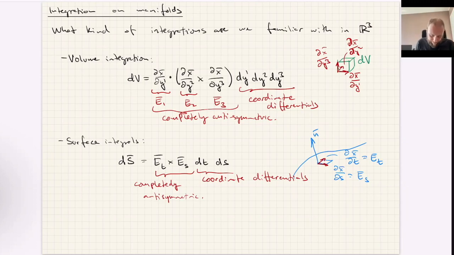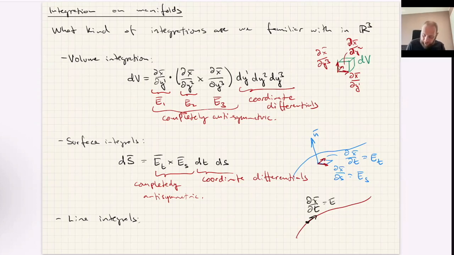And finally, we can do line integrals. That's just taking a curve and integrating along that curve. You have a tangent vector to the curve, which is ∂x/∂t, where t is the curve parameter. Let me call that e_t again. If you write that down, then the element dx is equal to e_t dt.